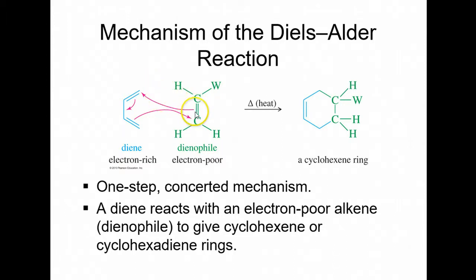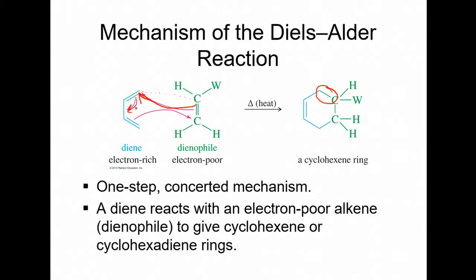So what basically happens is the carbon here with its electrons, let me grab my pen so we can redraw these arrows, and the arrows are showing the mechanism. Basically the electrons here in the carbon start forming a bond to this carbon right here. So you start forming a bond here. This bond right here is from this bond formation. These pi electrons pop down between these two carbons.